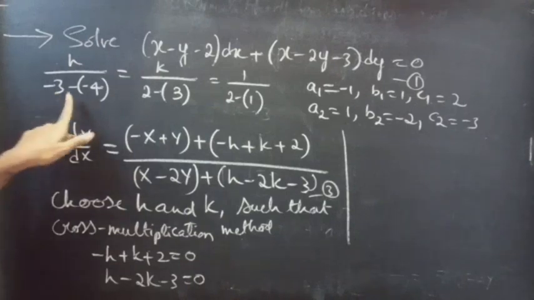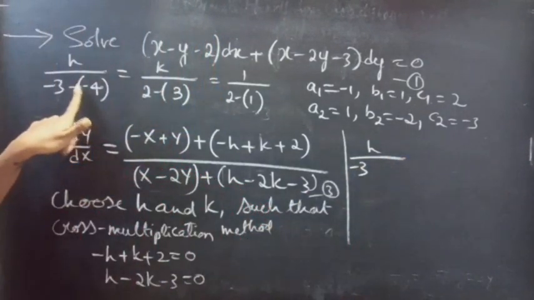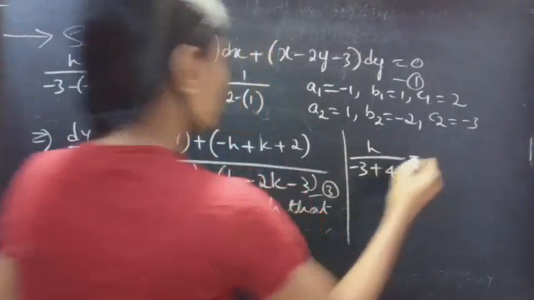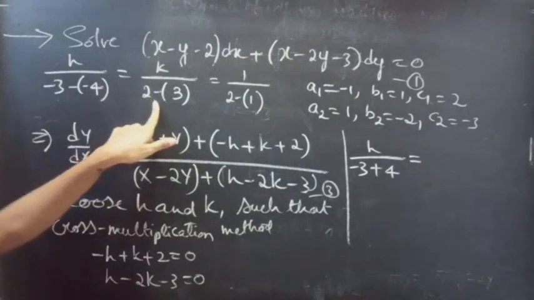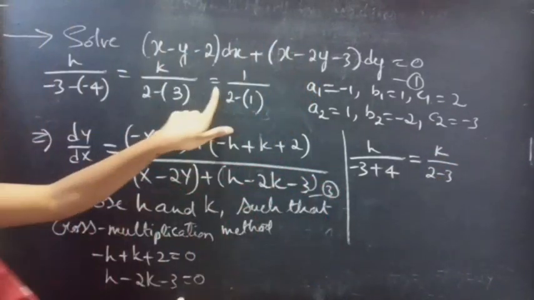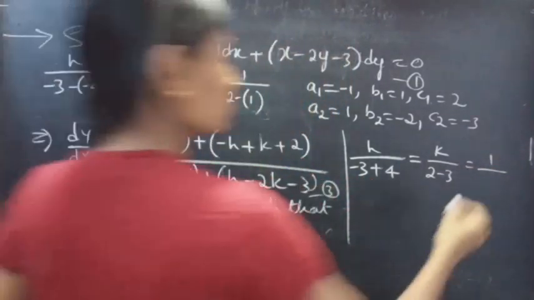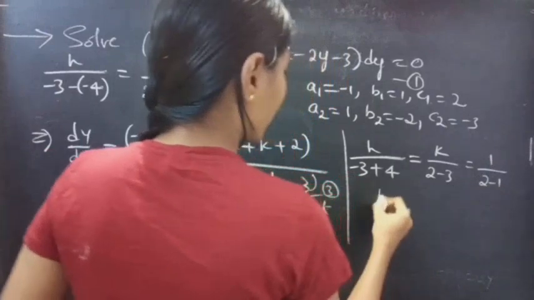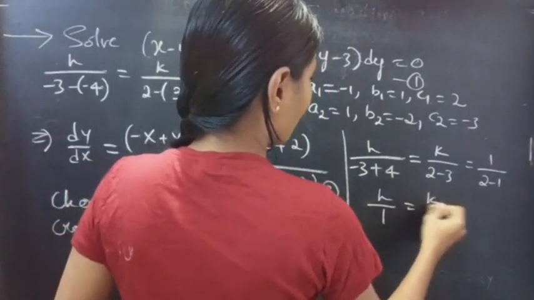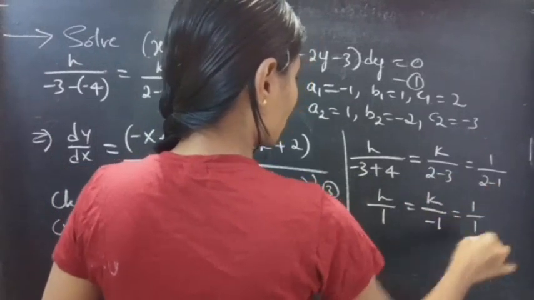Then you'll get h by (minus 3 minus into minus, plus 4) equals k by (2 minus 3) equals 1 by (2 minus 1). Then h by (4 minus 3 is 1) equals k by (2 minus 3 is minus 1) equals 1 by (2 minus 1 is 1).